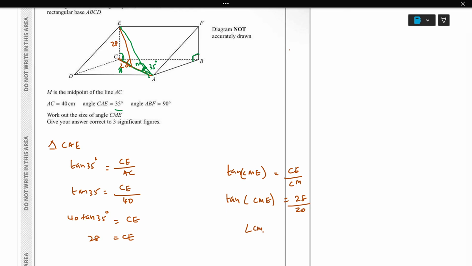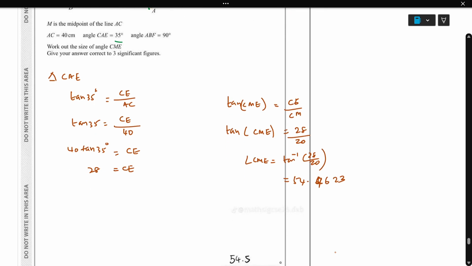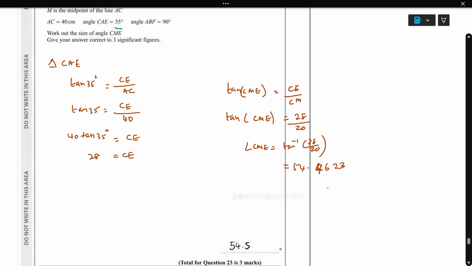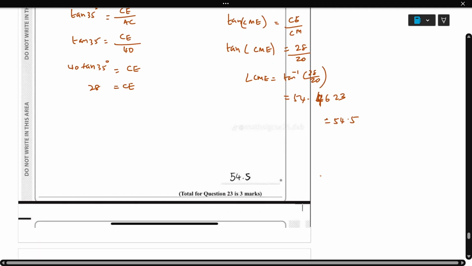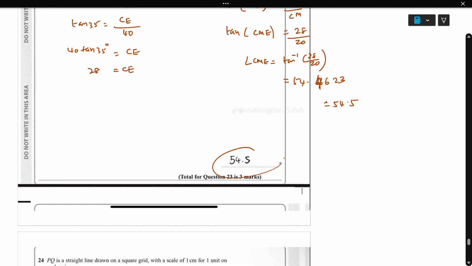So angle CME equal to tan inverse of 28 over 20. So the answer is going to be 46.23. But the question says three significant figures, so the answer is going to be 54.5, because this is 4. 54.5 is the correct answer here.